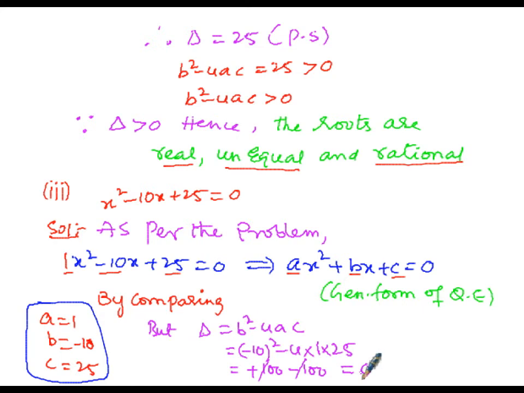Therefore delta is equal to 0. But delta is equal to b square minus 4ac, the discriminant, b square minus 4ac is equal to 0.